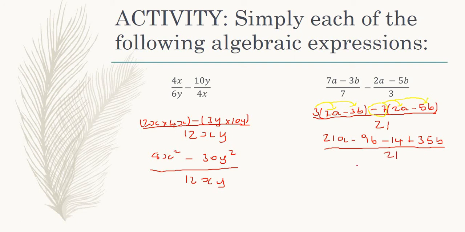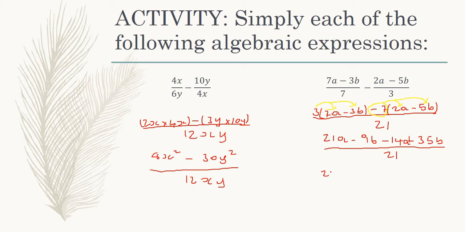At this stage now, what we're going to do is to group the like terms. So some terms are b and some terms are a. So if we group the like terms, we're going to group the terms with a first.